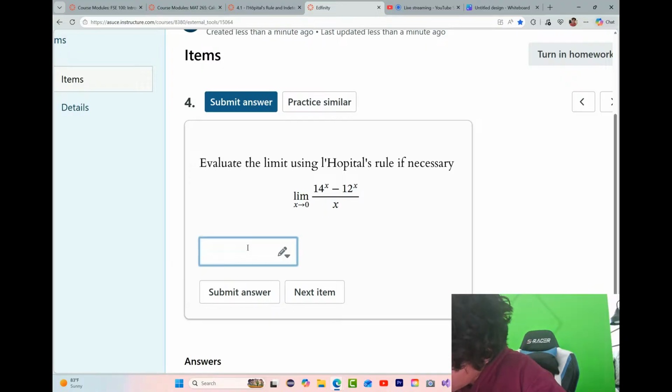I see. And then, cool. So applying with 0, we get 1 times, so I believe we have now the natural logarithm of 14 minus the natural logarithm of 12.